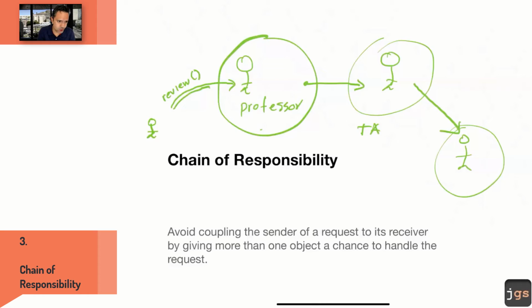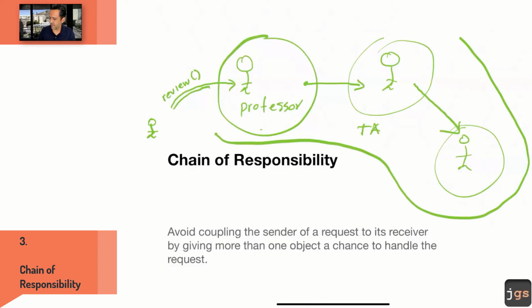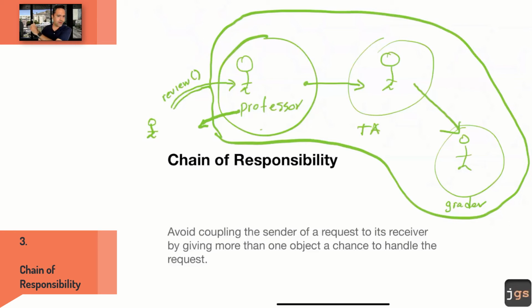Now, just to be clear, part of the definition of this is the chain. We have the professor, we have the TA, probably we have a grader here. It is possible that when you send a request to the chain, the first element in the chain replies. The first element never asks the others.